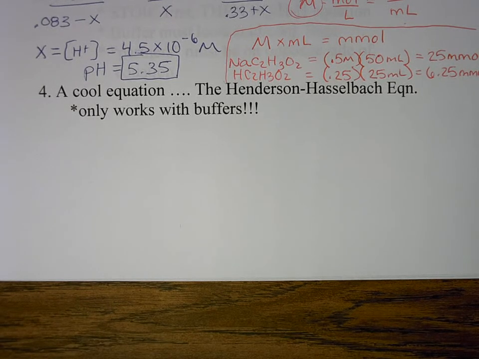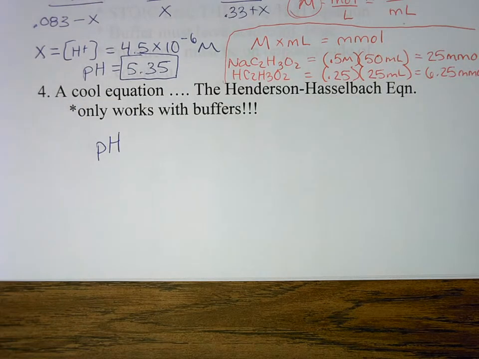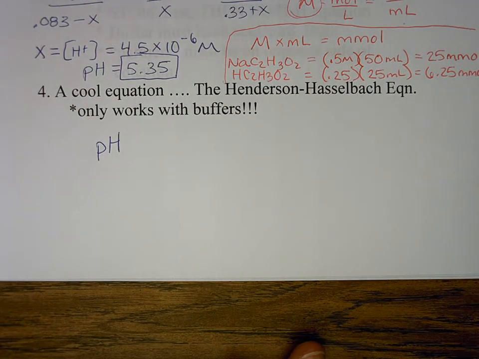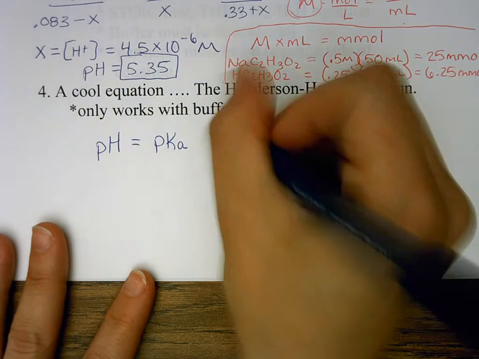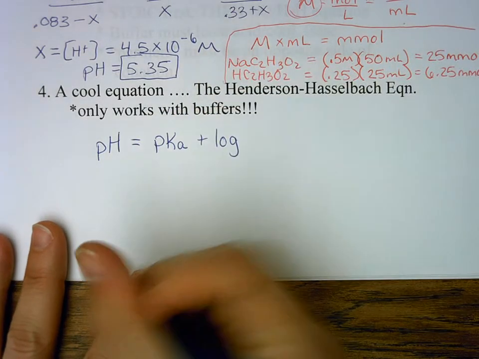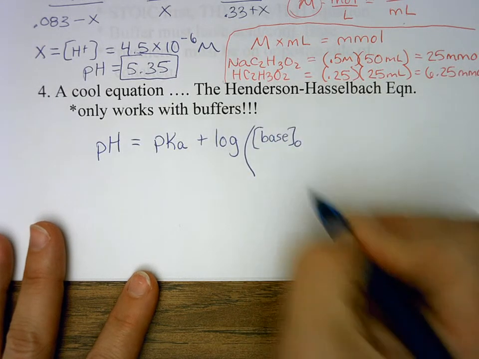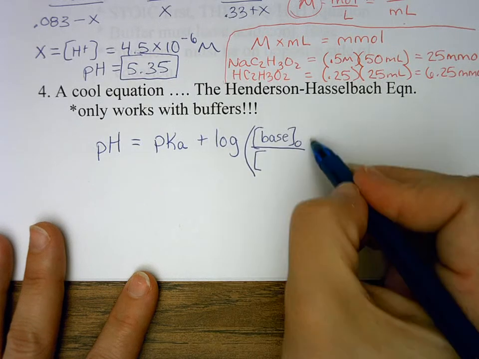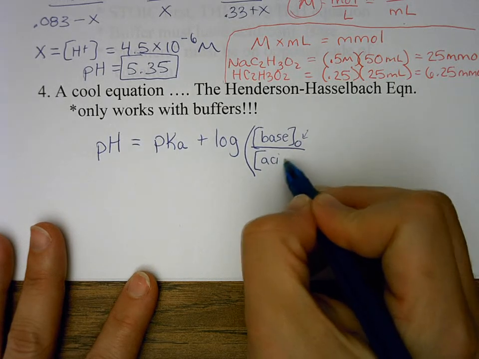Okay, here it is. If you are asked to calculate the pH of a buffer, you cannot use this with anything else except for buffers, Victor. Okay? Buffers only, which means if you don't have significant quantities of the conjugate acid-base partners, then you can't use it. pH is equal to pKa, we'll talk about what that is, plus the log of the initial concentration of the base over the initial concentration of the acid.